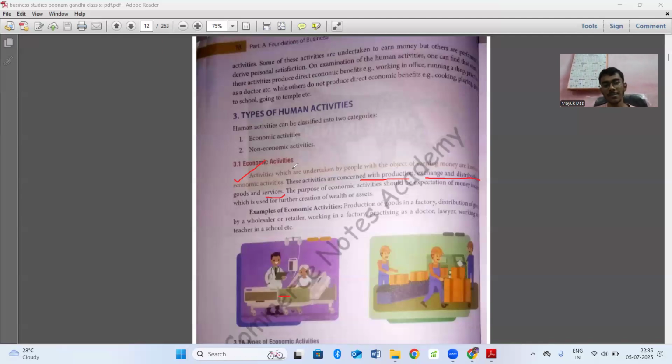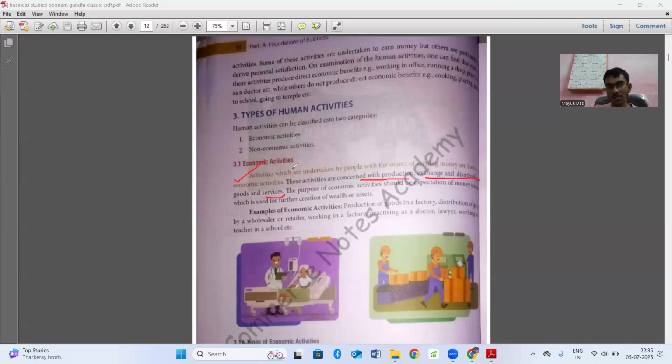If I give an example, suppose a doctor is giving service to his patients as he is treating the patient. He is giving his service to the patients, and in return he is earning money. So this is an exchange of service, not goods.